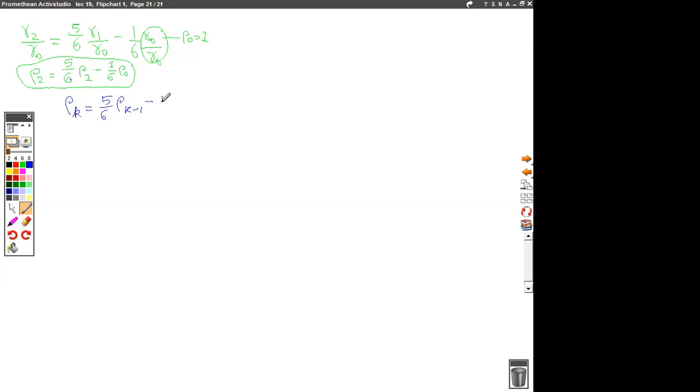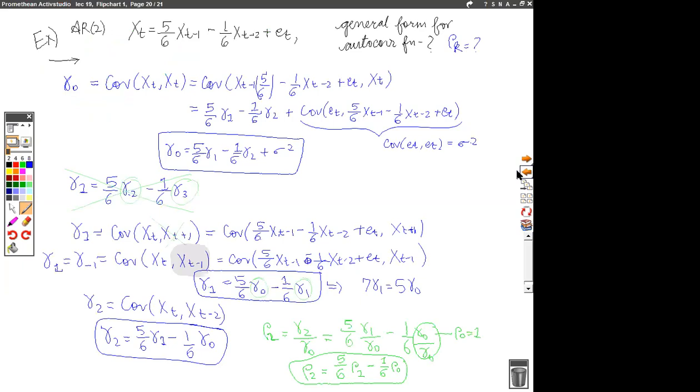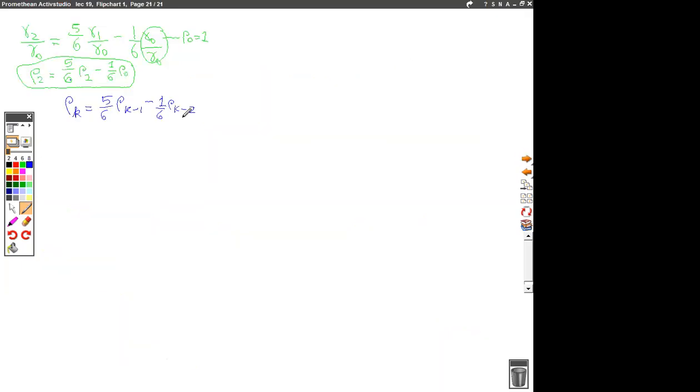And here I'll have minus 1 upon 6 rho k minus 2. So this is just a very haphazard way of writing this equation. Rather, what you should do is figure out the covariance for k, and then you will eventually get the same answer which I have written over here. So that's how you get this equation right here.